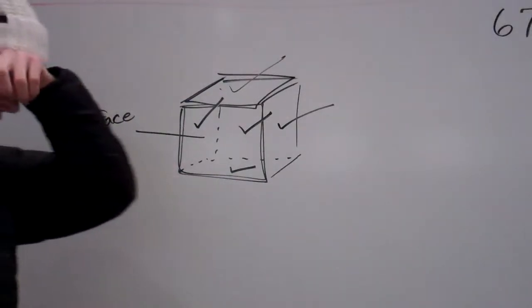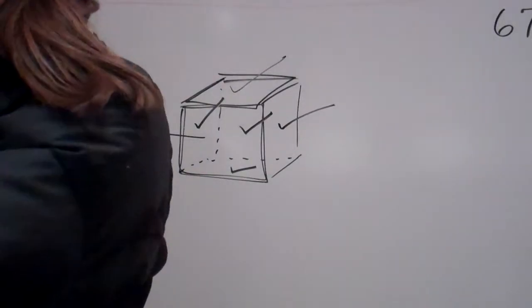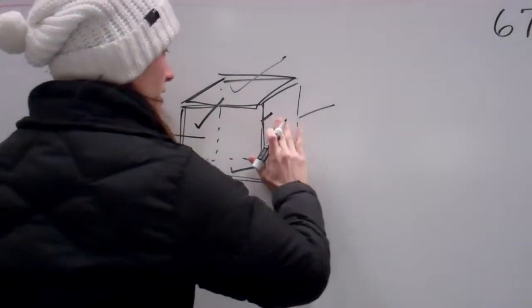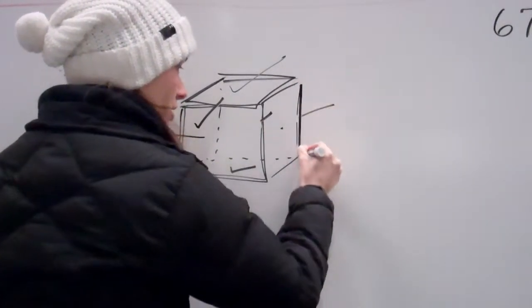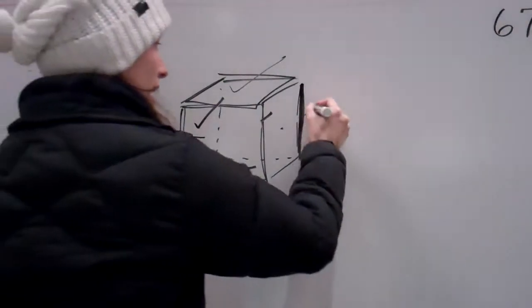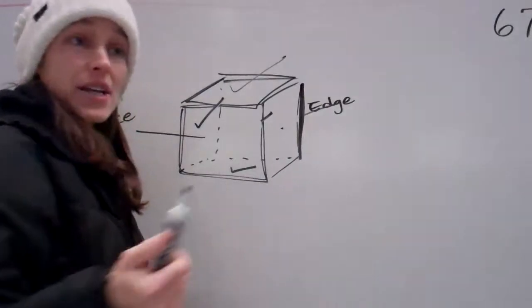Okay, so that's what the face of a shape is called. Next I want you to look at is just this edge. Any kind of edge, and that's basically what it's called, the edge. Write that down if you're taking notes. And how many edges does it have?